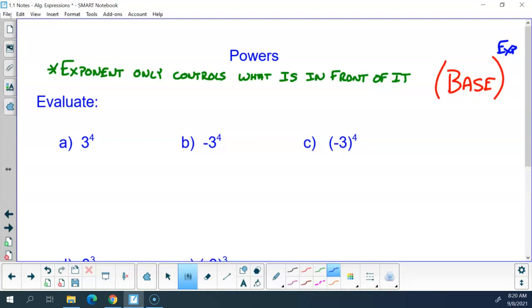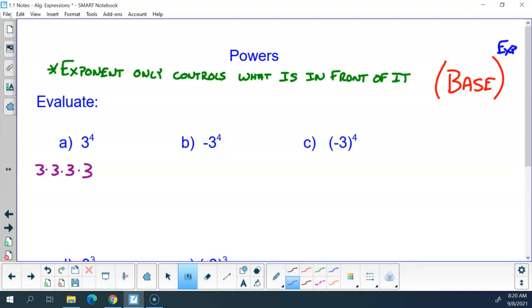So I will tell you that 3 to the 4th is like 3 times 3 times 3 times 3. 3 times itself 4 times, right? Which is 9 times 9, that associative property, which is 81.